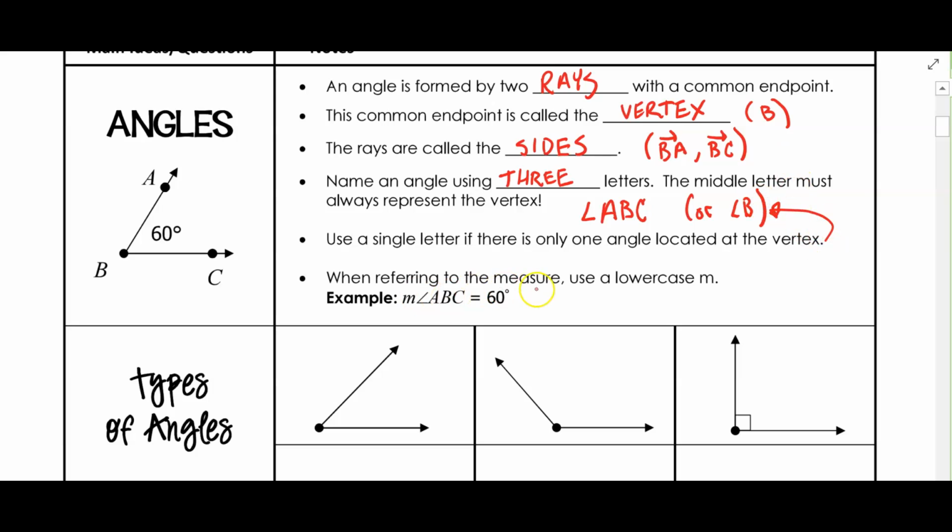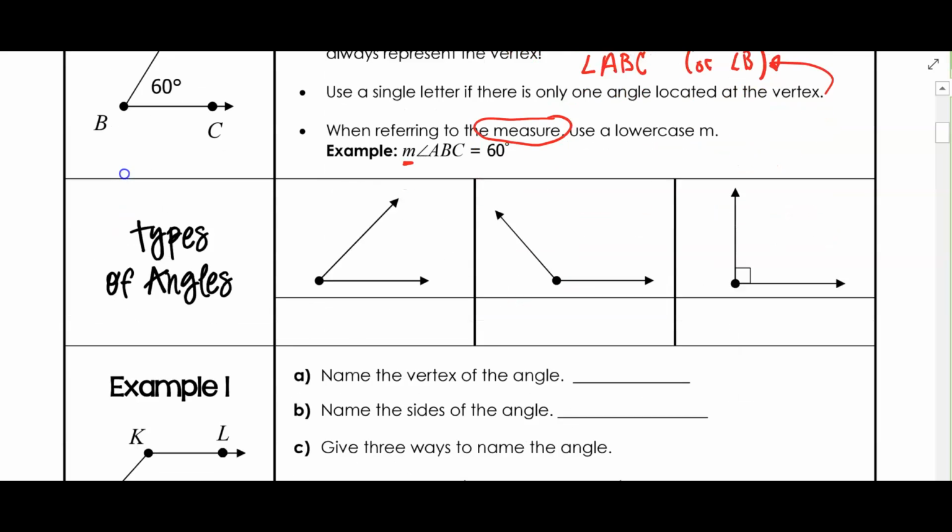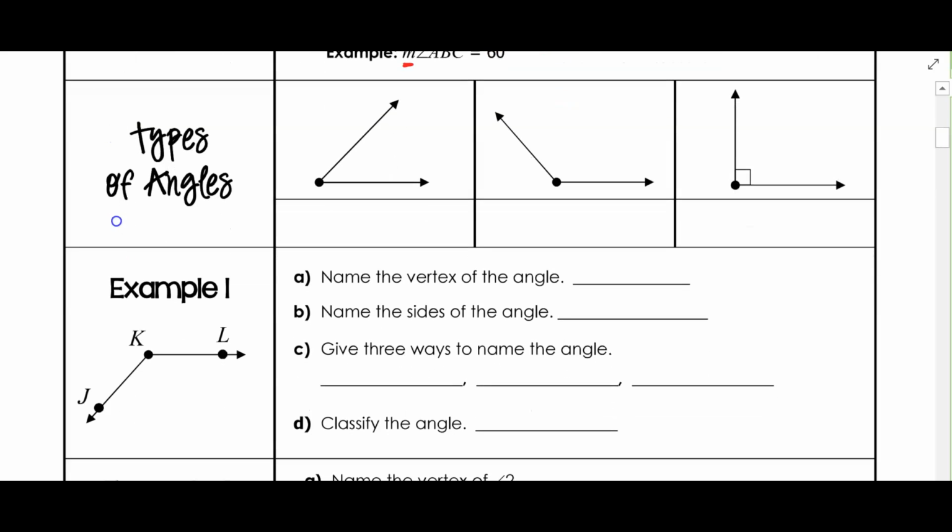Alright, when referring to the measure, use a lowercase m, so this little m here stands for measure, and we would say the measure of angle ABC equals 60. Alright, so again, if you want to pause this and write what type of angle each of these are, this one is less than 90, so that's acute.